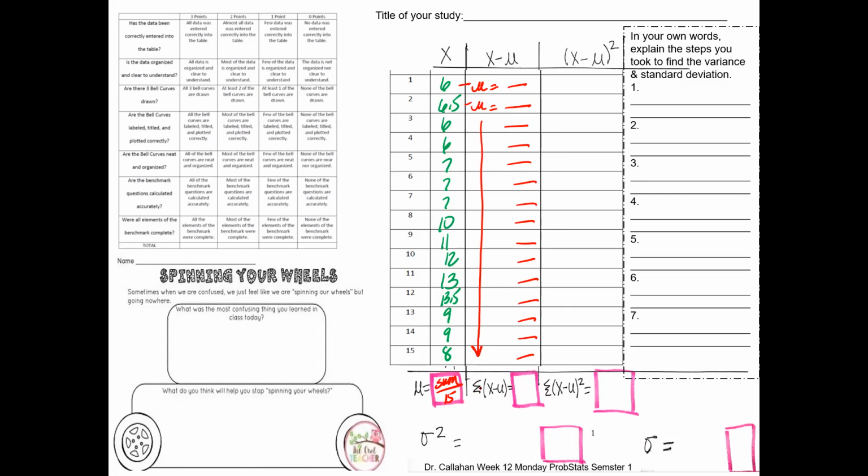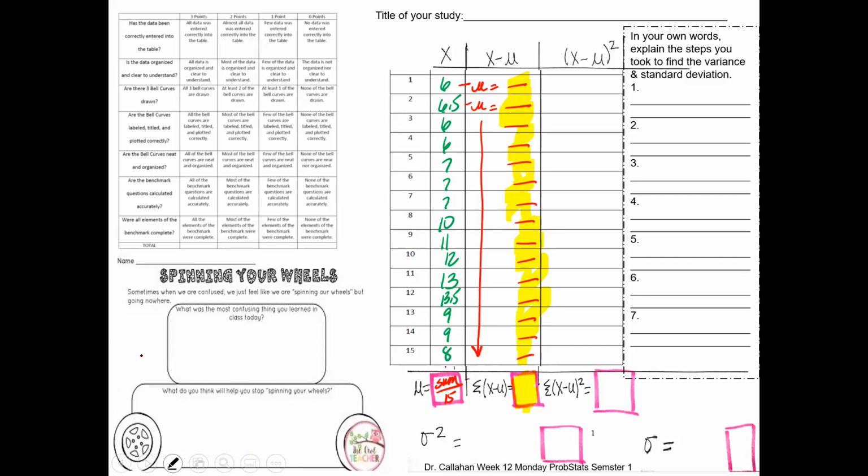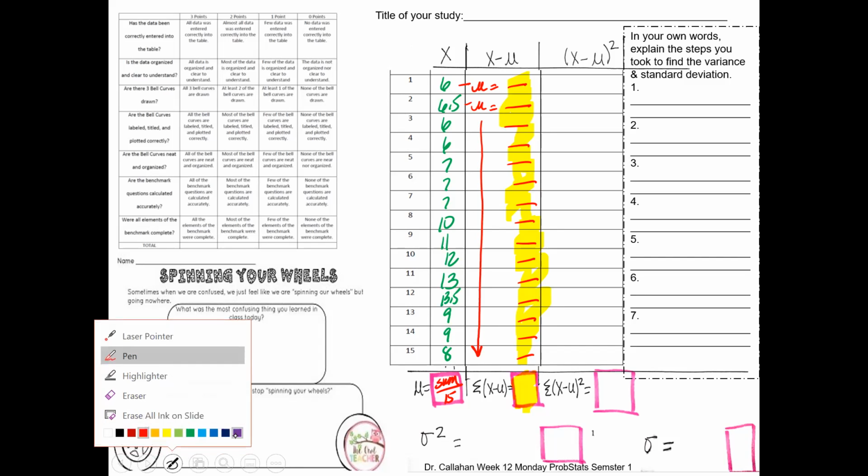And then remember the epsilon means sum. So you're going to essentially add everything here, the sum of this, and you're going to write that in this little box. After you do that, you're going to square them to find the variations.